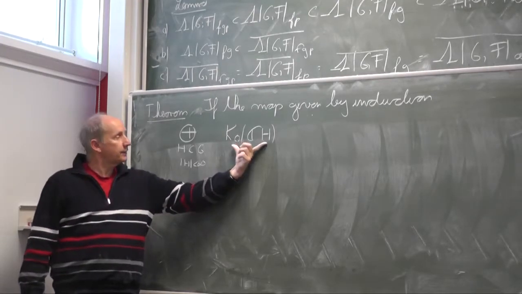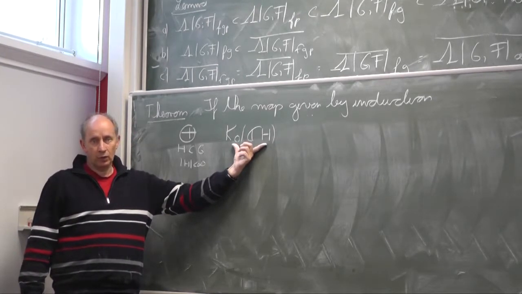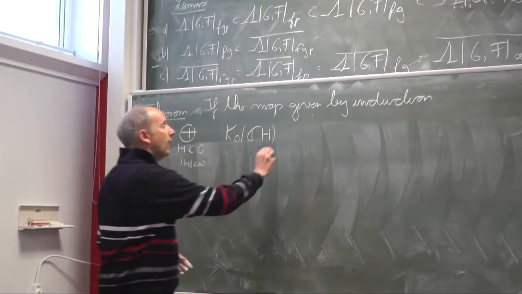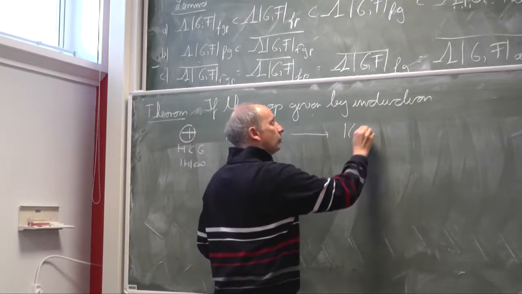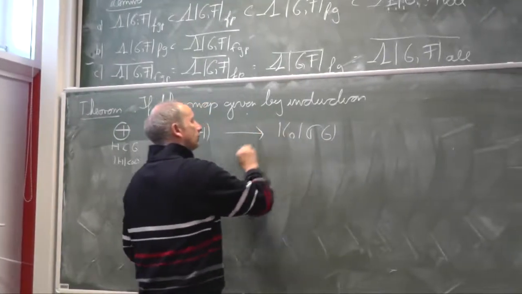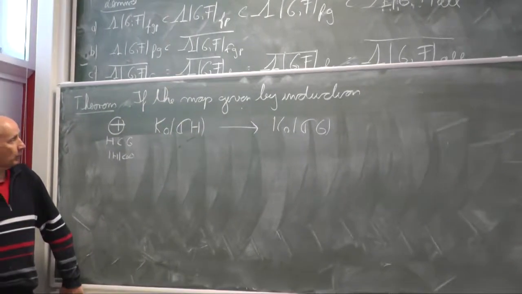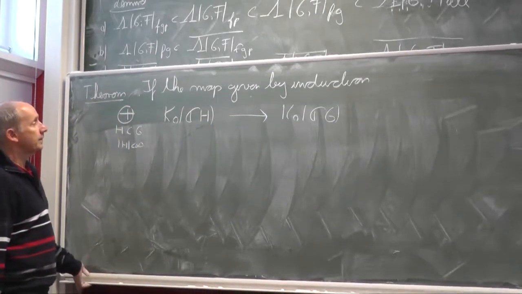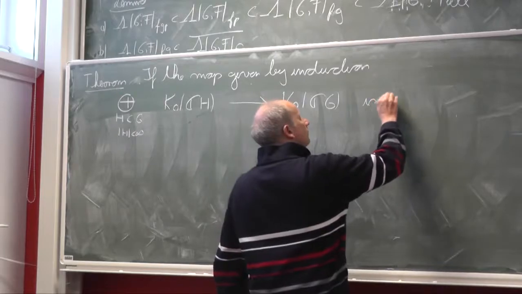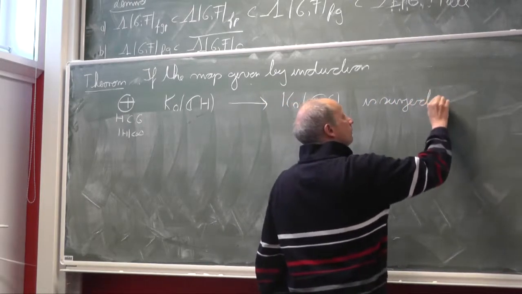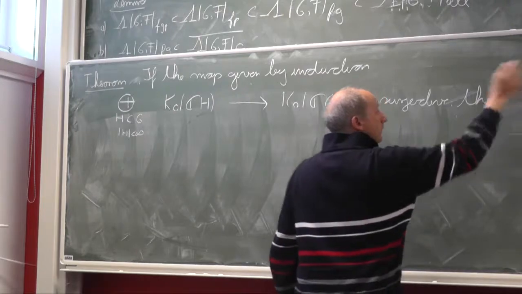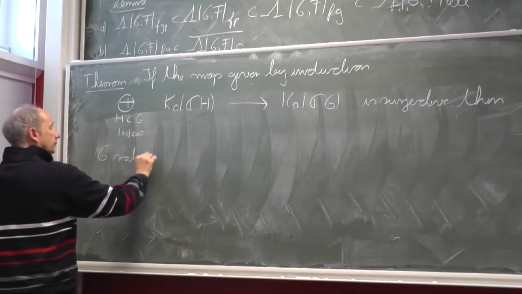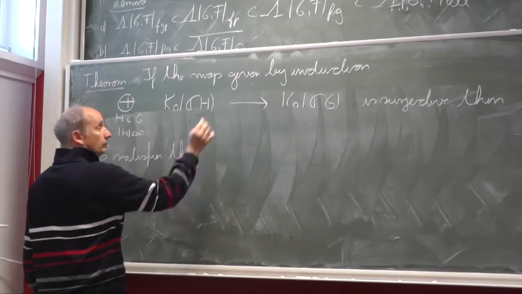And if H is finite, this is the same as the complex representation ring of H. You may be familiar with that. And whenever you have a subgroup, you can induce up. So you always can come to K naught of CG. H is a subgroup in here. Take all the possible maps you get by induction. And if this map is surjective, then this conjecture is true.